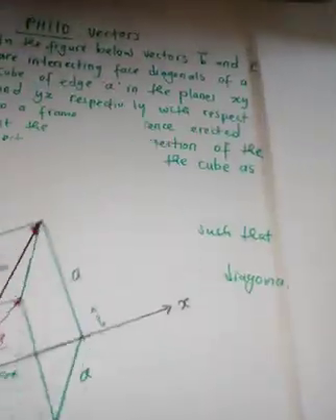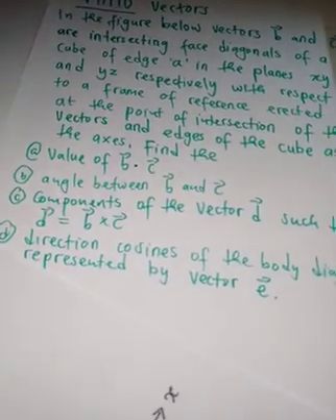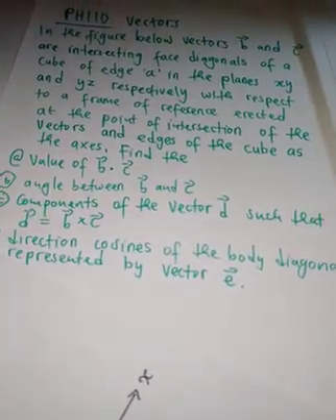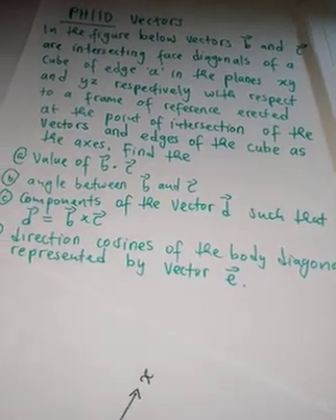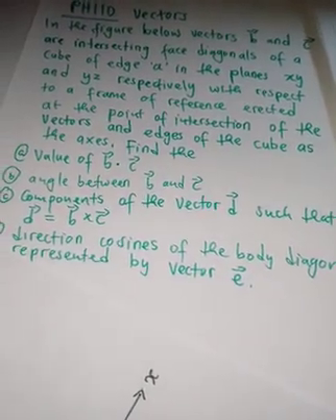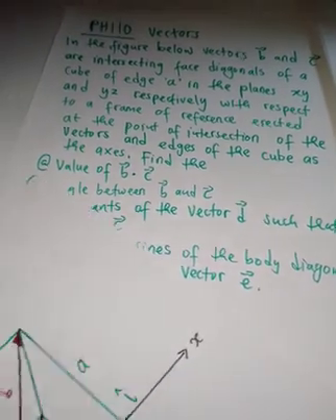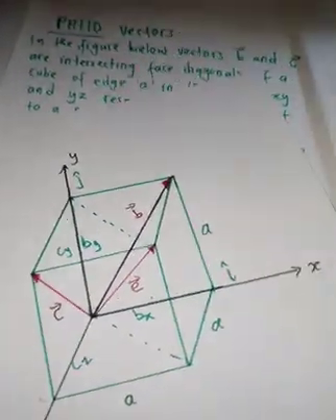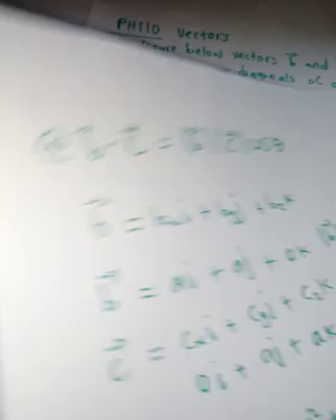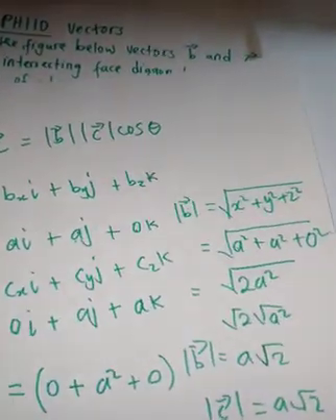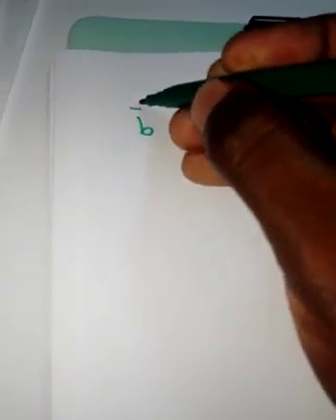What else are we supposed to find? For C, we should find the components of the vector D such that vector D is the cross product of B and C. So how do we find the cross product? We are still using the same vectors B and C. So let me just write them here.